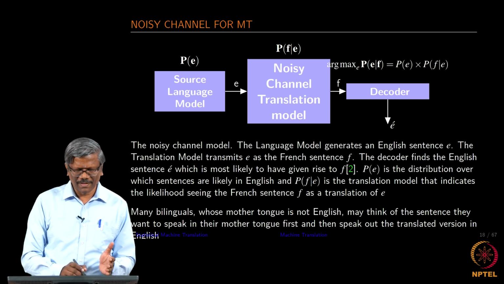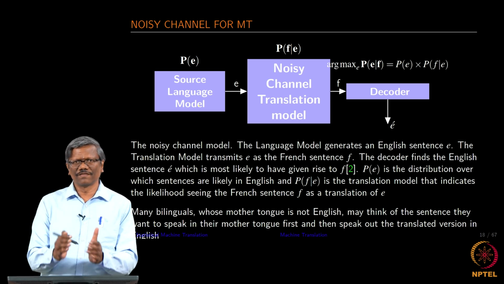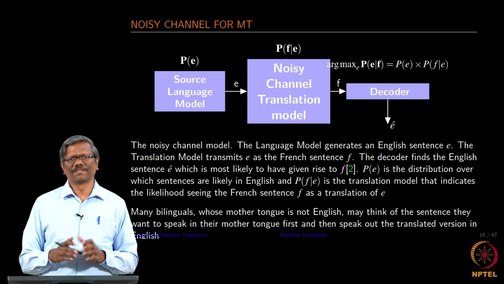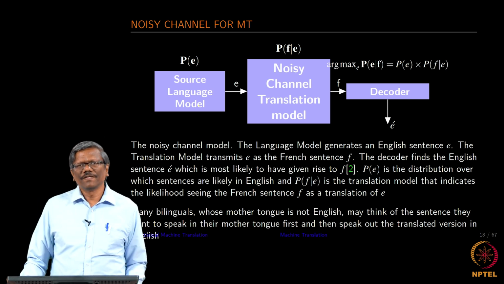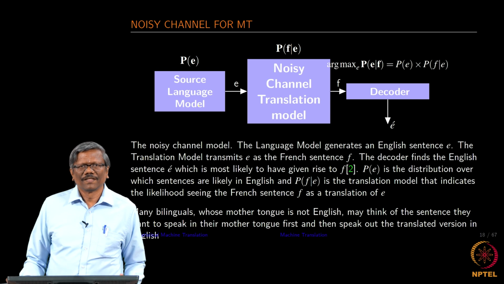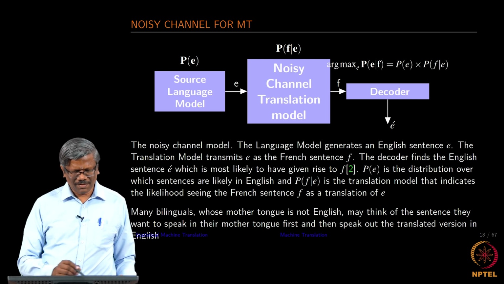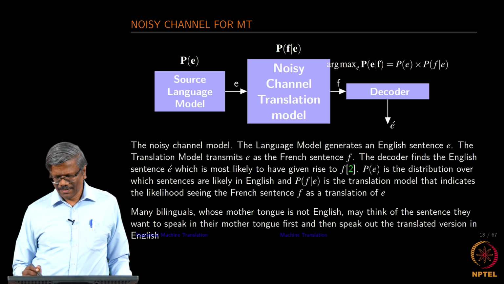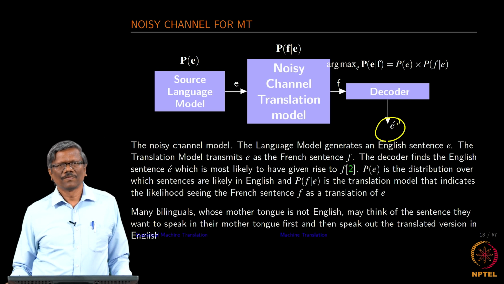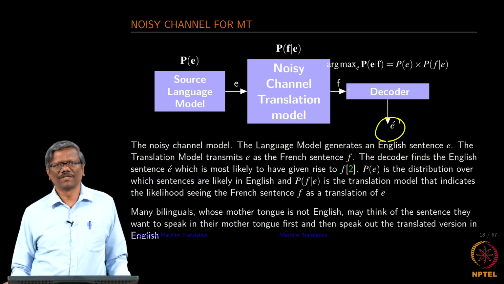Assuming that the noisy channel receives the sentence in English, and the translation model outputs the French sentence, what we need to really estimate is what the source language model had in mind, and that is what we want to find out. So, the decoder actually tries to estimate the source which created the French language. This is the idea here.